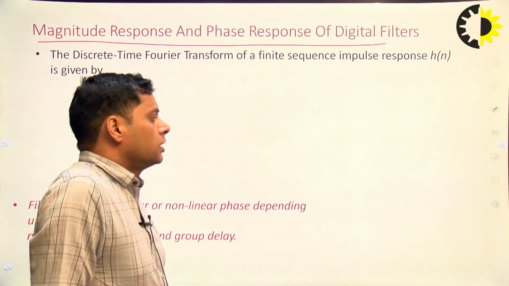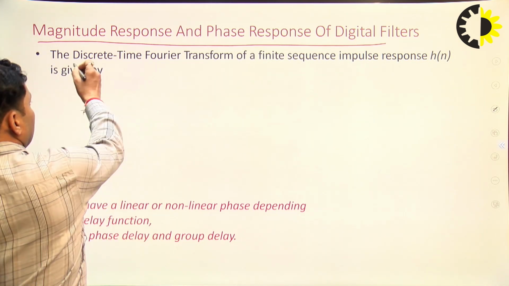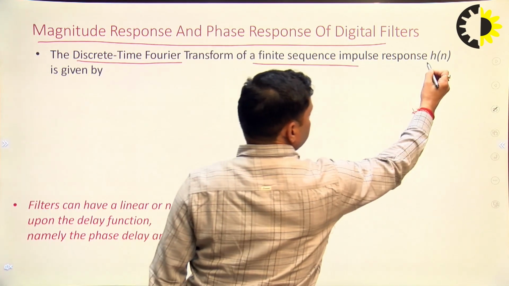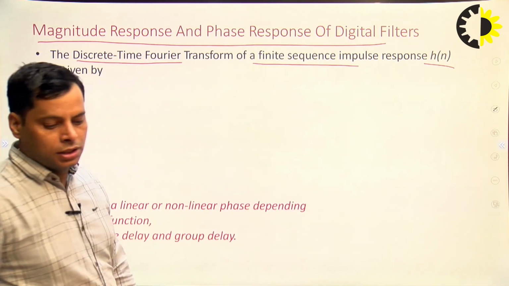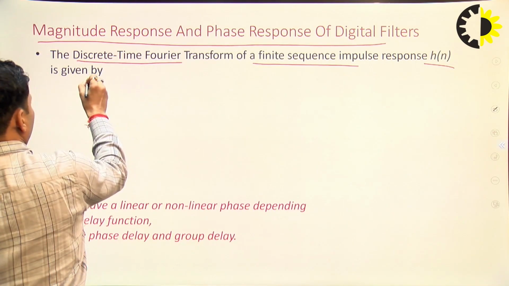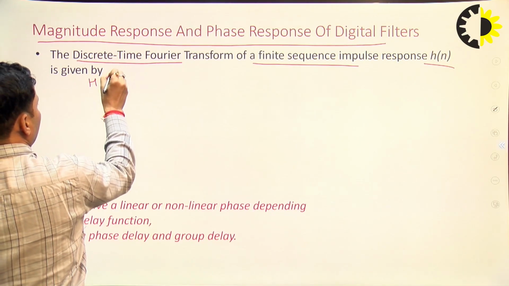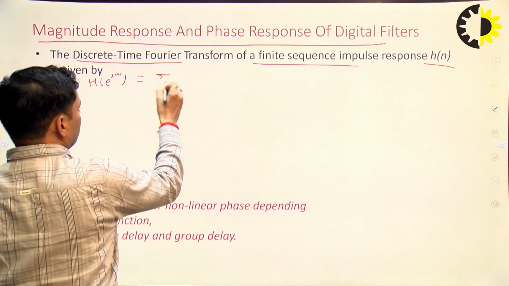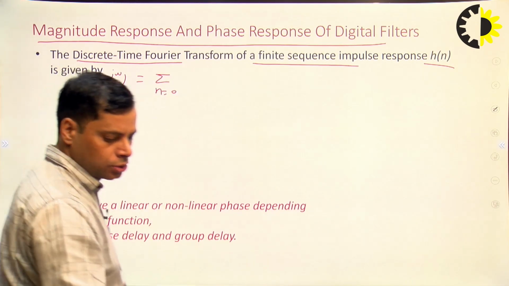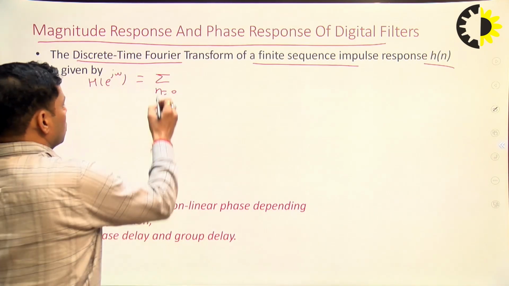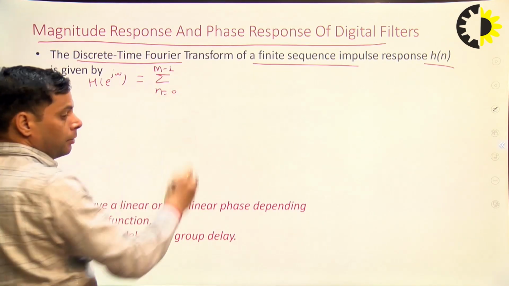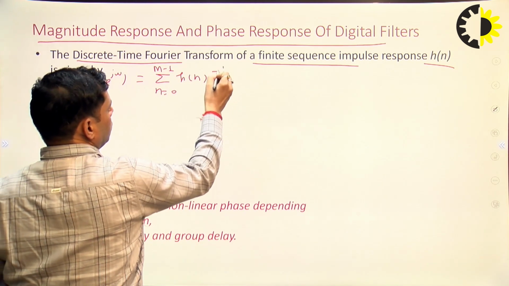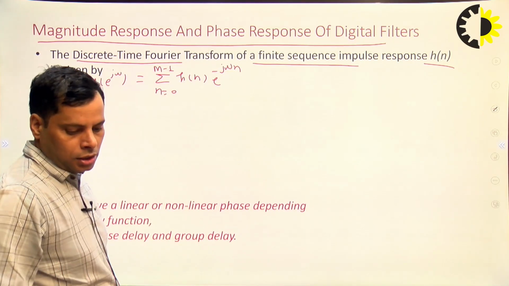We will discuss the discrete time Fourier transform of a finite impulse response h of n, which is given by H of e raised to power j omega, equals summation of n equals 0 to M minus 1, h of n e raised to power minus j omega n.